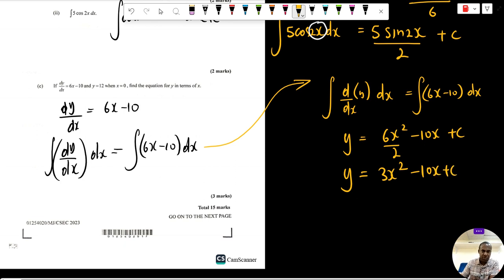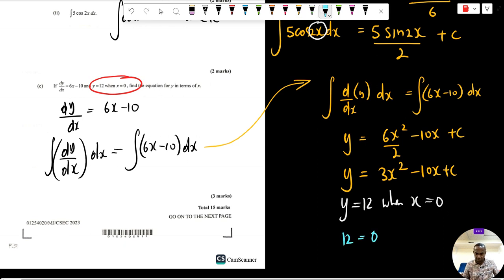And what information are we given? We're given that y equals 12 when x equals 0. And so if we substitute that, we get that y equals 12 when x equals 0. And therefore, this means that 12 is equal to 0 minus 0 plus c.